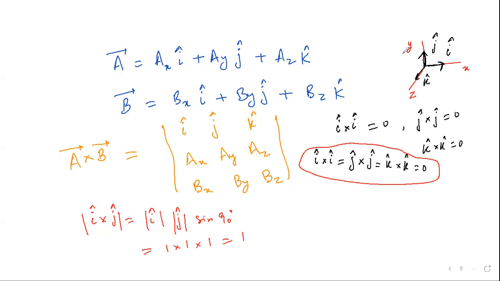Right hand thumb rule. I have to push i towards j through the smaller angle. The thumb will come out of the board. That's along z. Along z, the unit vector is k cap. That means i cross j is k. Similarly, j cross k is i. You can figure it out. And k cross i is j. You need to remember this also.